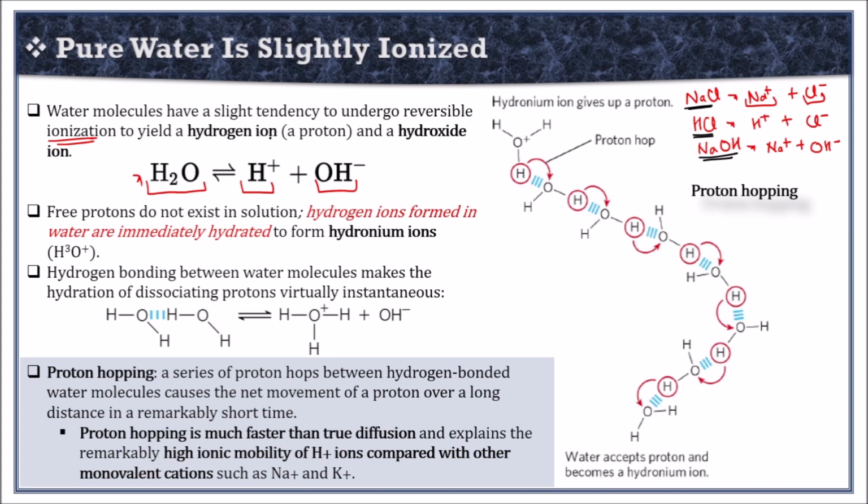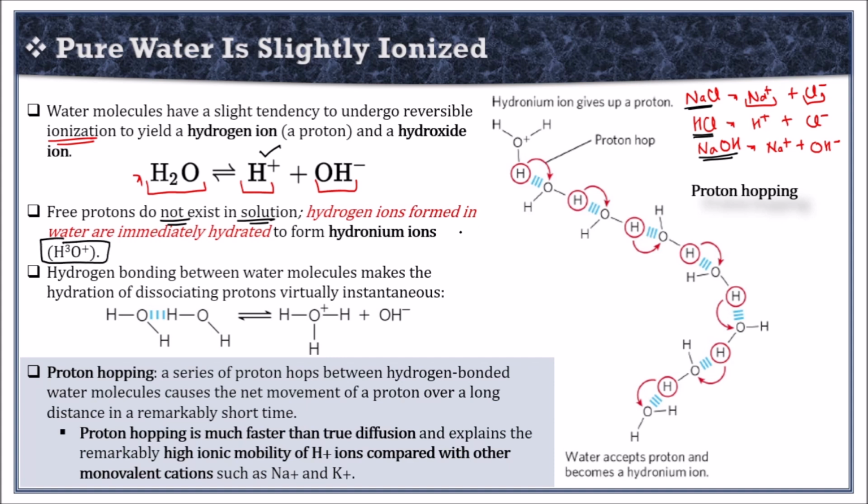Now the next important thing is that this free proton does not exist in solution. So what happens is that this proton will bind to another water molecule and form a hydronium ion, H3O plus.